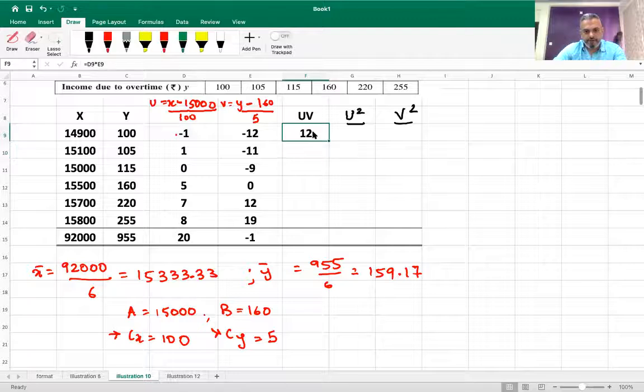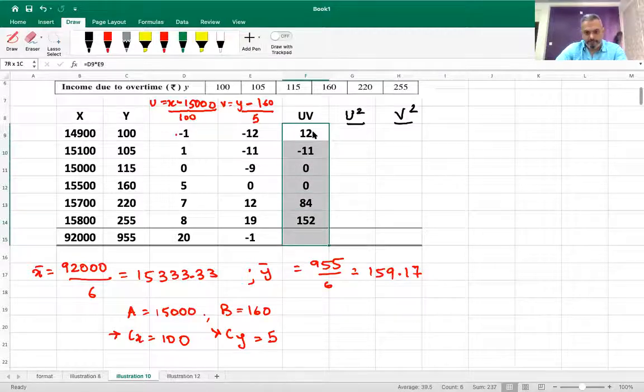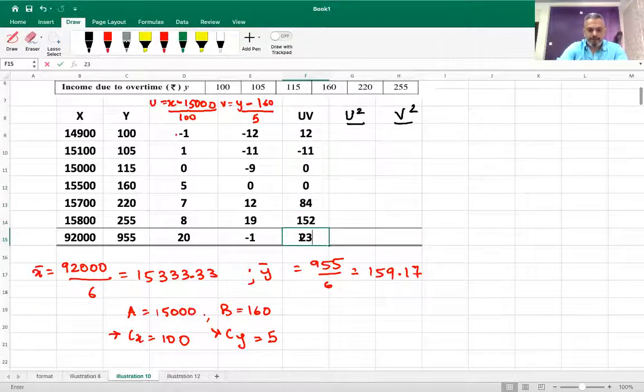Into minus 12, so positive 12. Students, please be careful in the plus minus sign. Please be careful. Then minus 11, then 0, then 0, then 84, and then 152. Let's do the totals. 237.